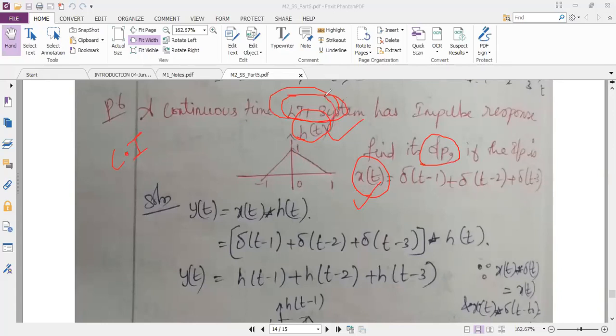So if I want the output for x of t and h of t, I am supposed to find the convolution integral. And one more thing in this problem is, x of t is not a unit step signal or exponential signal. In all the earlier problems, your x of t or h of t was exponential, e power minus t or e power minus 3t, something like that, or it was in the form of u of t.